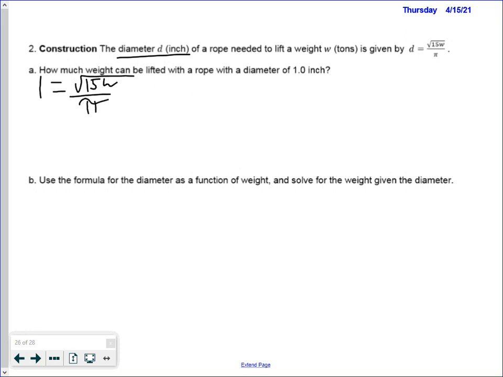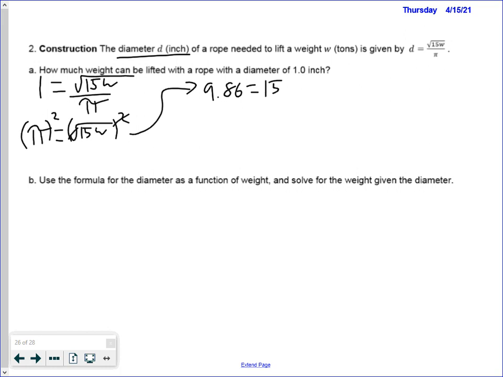So we're going to solve for W. We're going to multiply both sides by pi. We get pi equals the square root of 15W. And we're going to square both sides. And pi squared is going to give us 9.86. And the square root and the square cancel out.